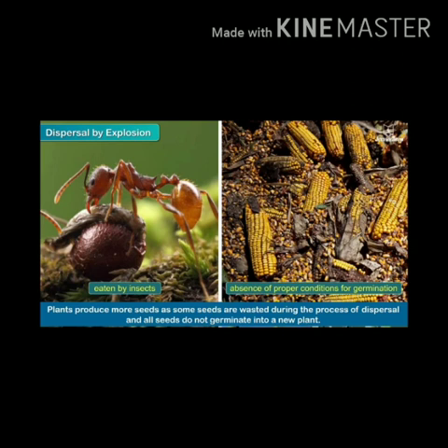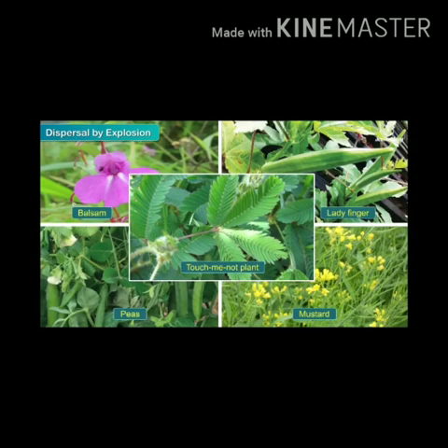Some fruits like pea, balsam, geranium and touch-me-not plant explode on drying. Their seeds are thrown out and scattered away from the parent plant. So, these are the various dispersal agents that scatter the seeds through wind, water, animals, and explosion.